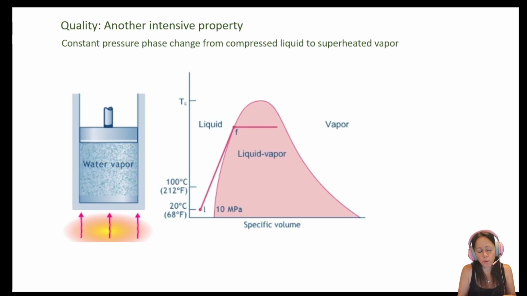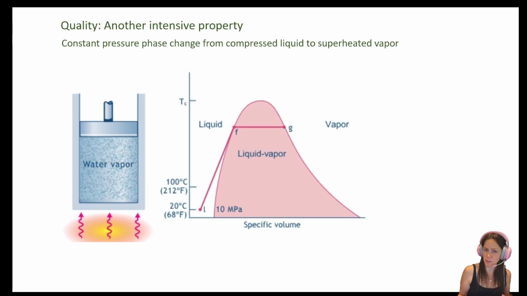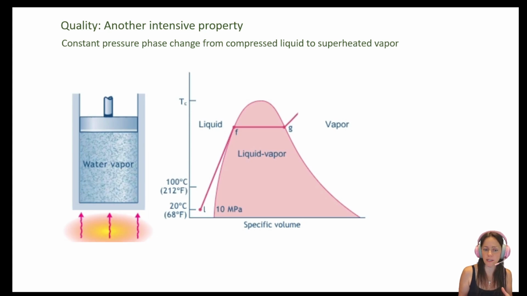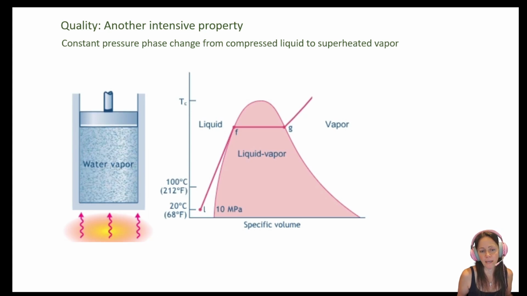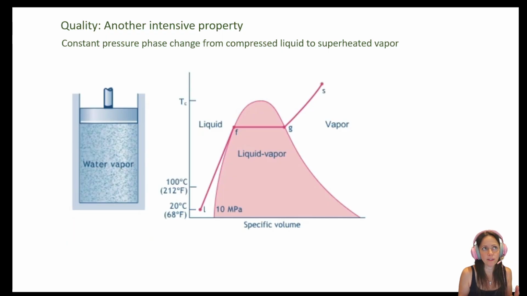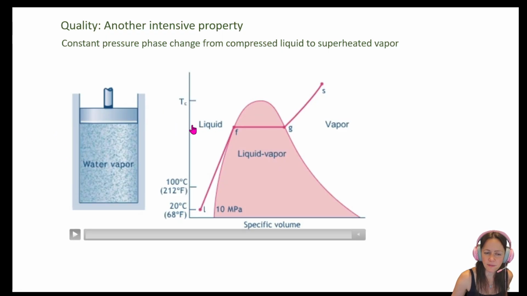We've talked about this process before when we were talking about the saturation pressure and saturation temperature. At a given temperature, there's only one possible pressure that you could be at and be two-phase. So that corresponds to this point right here.